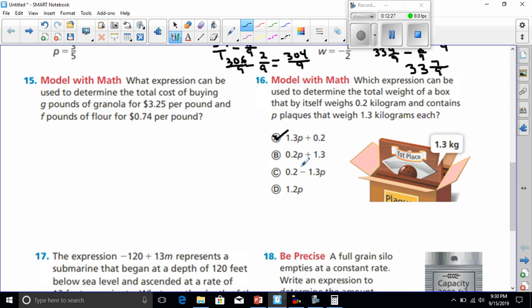The next one is 0.2, and that's the box, minus 1.3 P. Well, that won't work because we're subtracting the weight of the plaques, and that's not what it's asking us. Next is 1.2 P, and that doesn't work either because none of these weigh 1.2. All right, so our answer would be A.